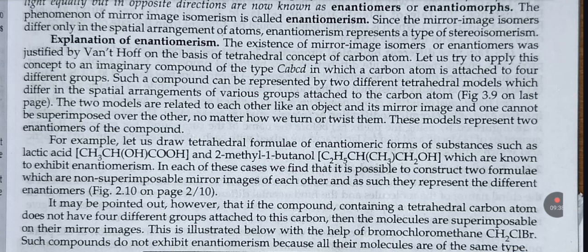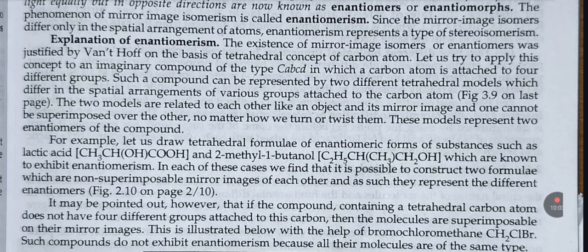In each of these cases, we find that it is possible to construct two formulas which are non-superimposable mirror images of each other, and as such they represent different enantiomers. It may be pointed out, however, that if a compound containing a tetrahedral carbon atom does not have four different groups attached to this carbon, then the molecules are superimposable on their mirror images.